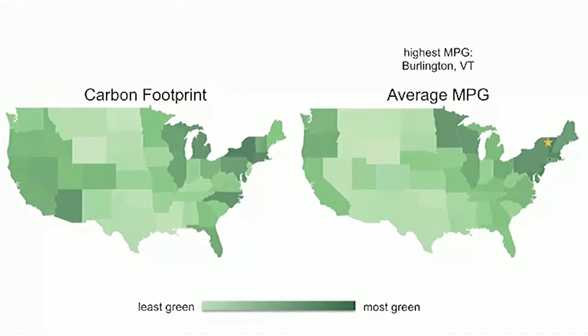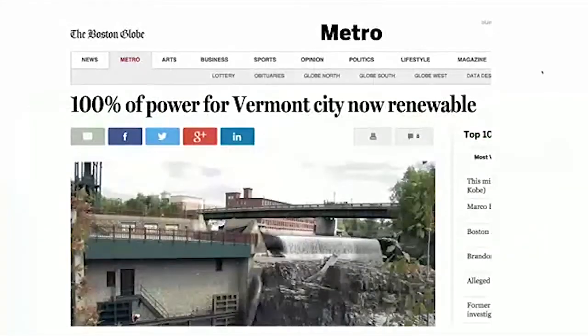A very interesting thing is that in our data set, Burlington, Vermont had the highest fuel efficiency, and I think Casper, Wyoming had the lowest one. And we found out that Burlington, Vermont was the first city to go 100% green, and Casper has the highest CO2 per capita emission.